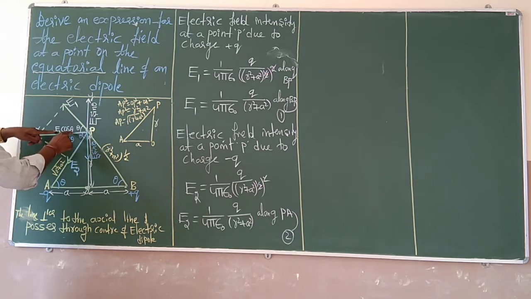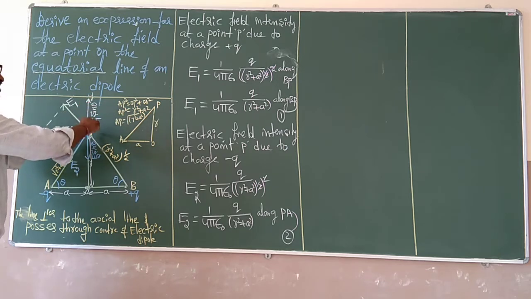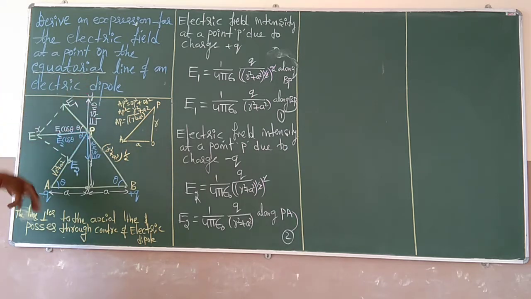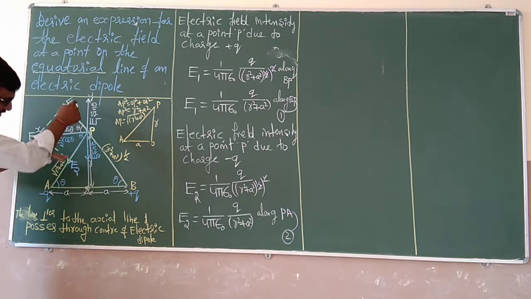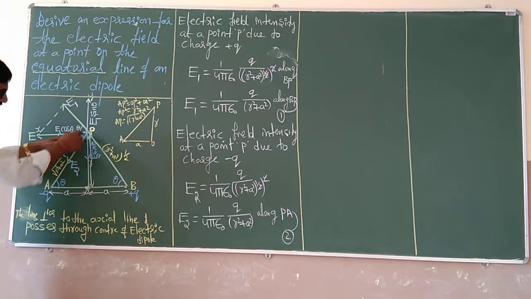This is E1 cos theta along PX and E1 sin theta along PY. Similarly, another electric field E2 is also resolved into two components: along PX, that is E2 cos theta, and along PY in this direction, that is E2 sin theta.